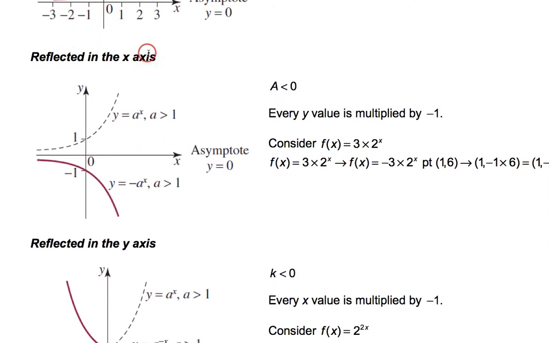Reflections. So reflections in the x-axis, this is where the big A value, the number right at the front, is less than 0. Basically what happens here is that we're reflected in the x-axis. So think of this as taking every y value and multiplying it by -1.